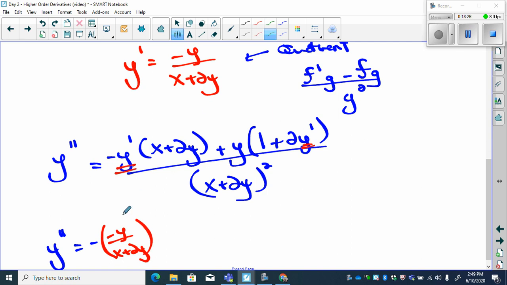These negatives are going to cancel one another out. Okay, that's multiplied by x plus 2y. So you can see that's nice, that's going to change something here.